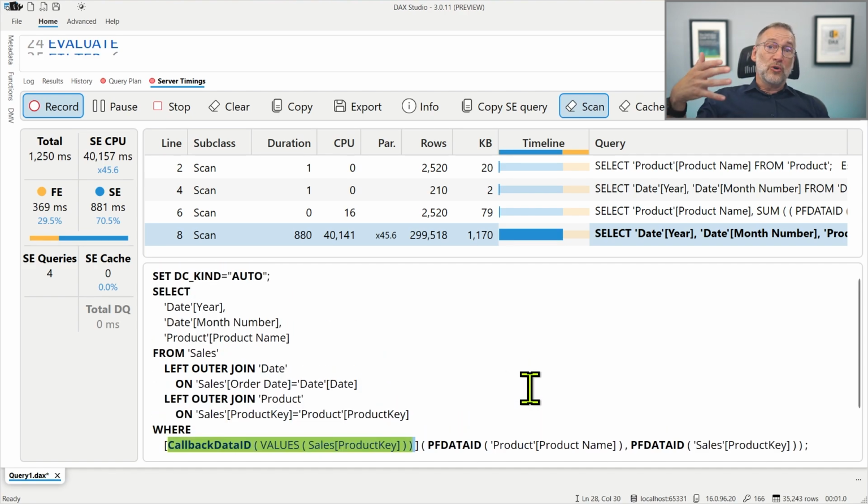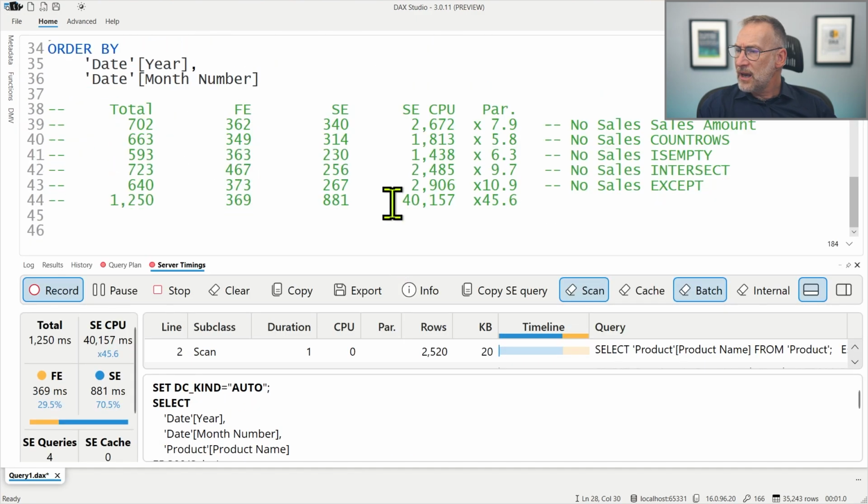Now, the presence of a callback kills performance because it requires the storage engine to constantly call the formula engine. And if that happens many, many times, of course, performance is going to suffer. I think I have already saved the numbers here, so let's just write no sales selected value.